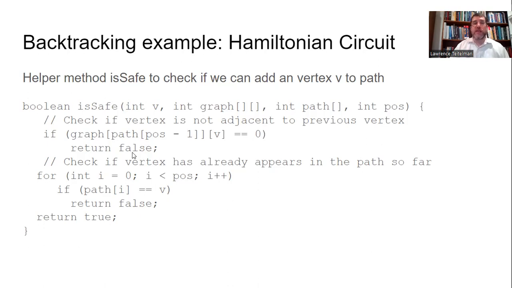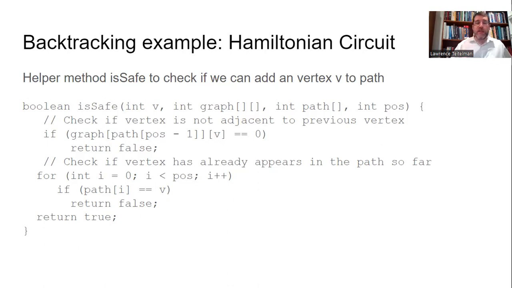In other words, this is not a safe edge. I cannot add vertex V to my path because I cannot go from where I am right now. That's what this path thing is saying. This is where I am right now. I want to go to V. If the graph of that is 0, that means there is no edge. So I return false.